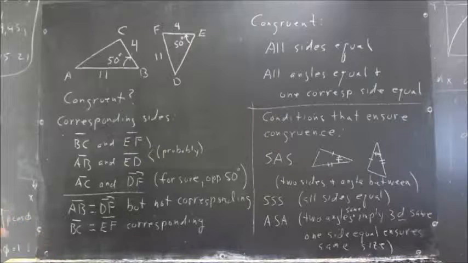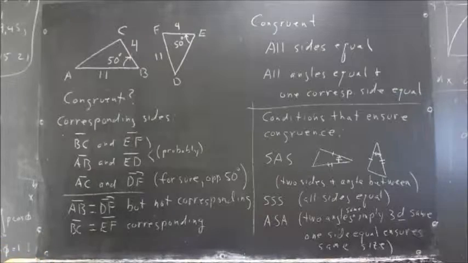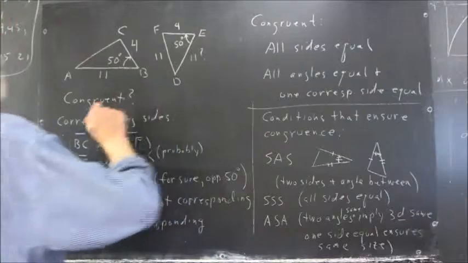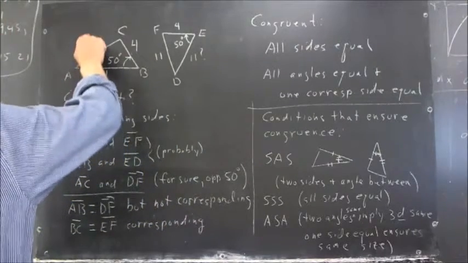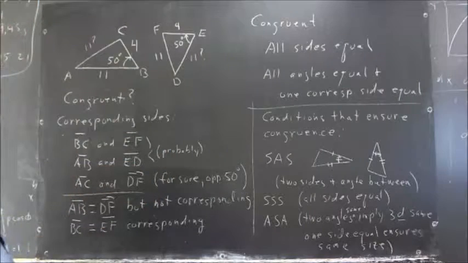So what we have is a situation where this side would have to be 11, and this side here would have to be 11. But we don't have information indicating that that's so.